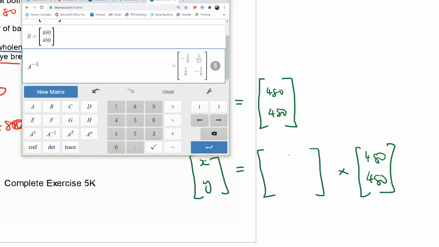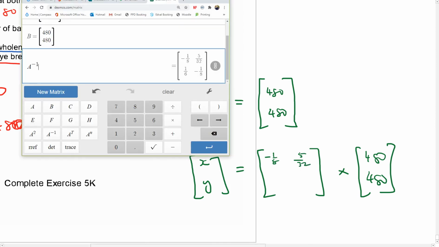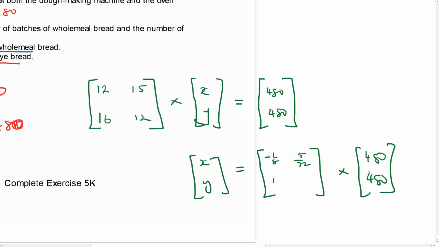Change it to a fraction if you want. So negative 1/8. Ooh, these are ugly numbers. 5 over 32. And then you've got 1/6, negative 1/8. Remember, this is the inverse of that matrix there. So if this is matrix A, I've brought it to the other side, this is now A inverse.